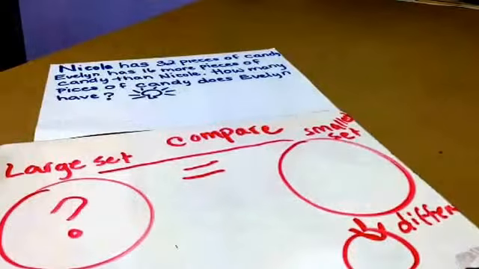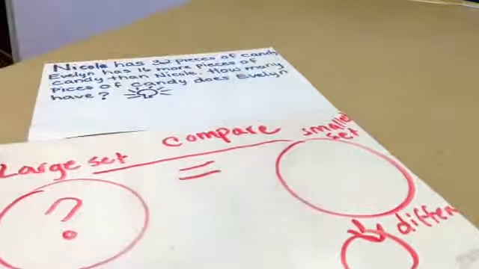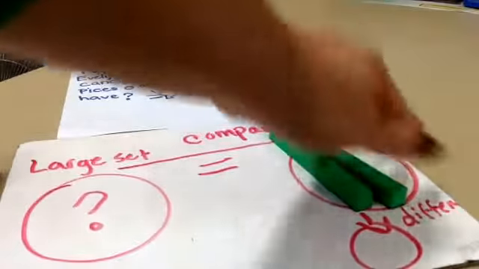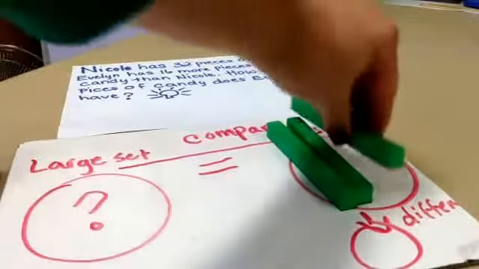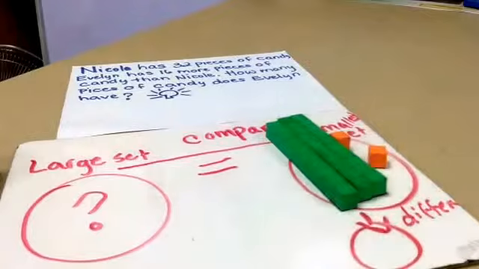So the problem says, in this problem we have a large set, Evelyn's number of candy, which is not told. And that number is being compared to the smallest set, which is 32. 10, 20, 32.